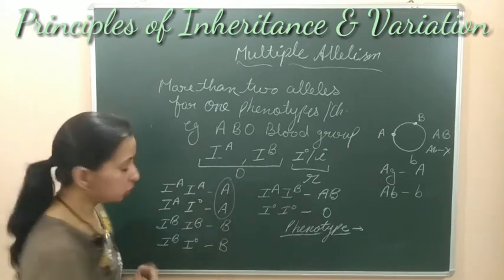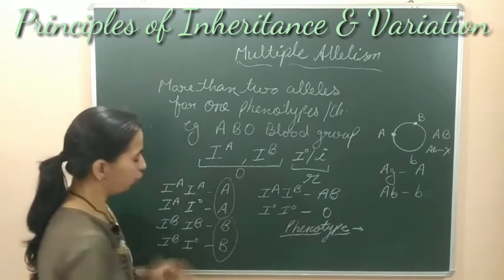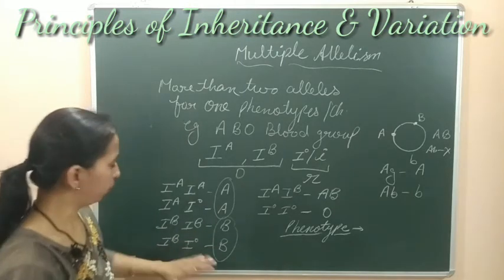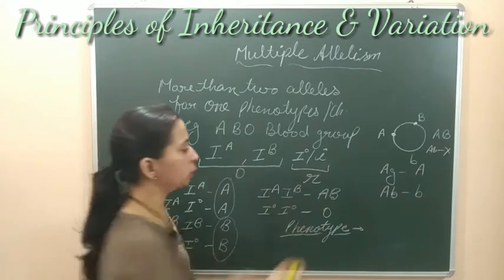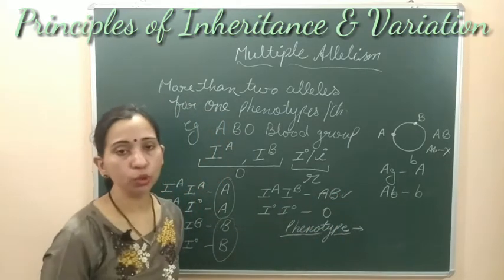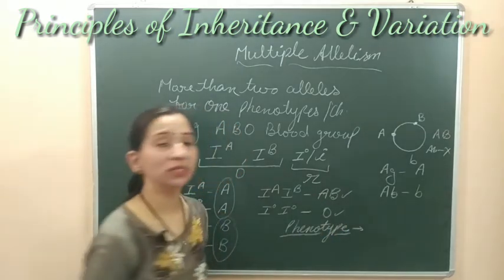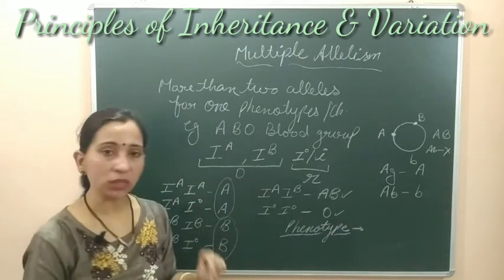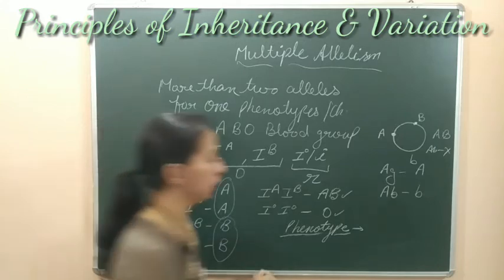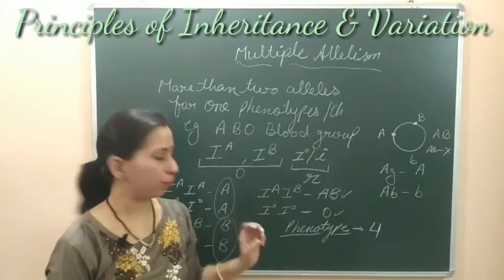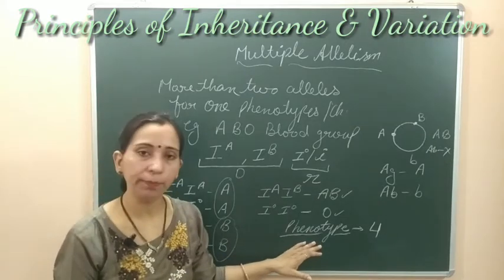In these two conditions, the blood group will be B blood group, whether it is homozygous dominant or heterozygous dominant. In this condition, the blood group will be AB, where both are dominant, and this is the homozygous recessive condition, O. So the possible phenotypes that we will find are four.